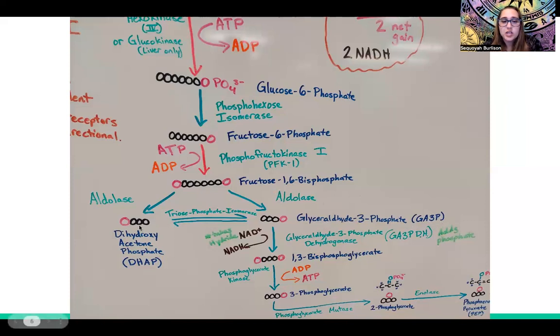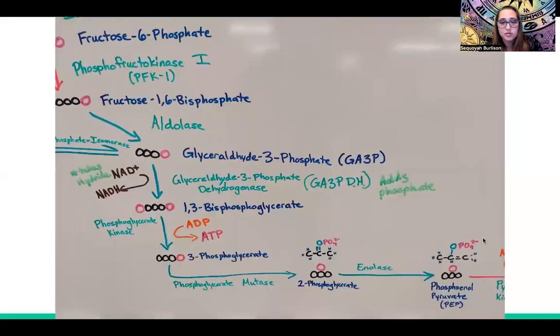Thanks to the enzyme triose phosphate isomerase, these can be exchangeable. The reaction is reversible, so for the sake of glycolysis, we would want the DHAP to be transformed into GA3P. So theoretically, if we have two GA3Ps, then we'd continue along our pathway in this direction. So let's just focus on that.